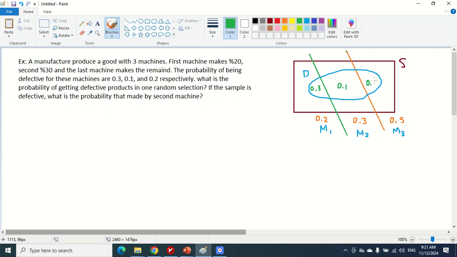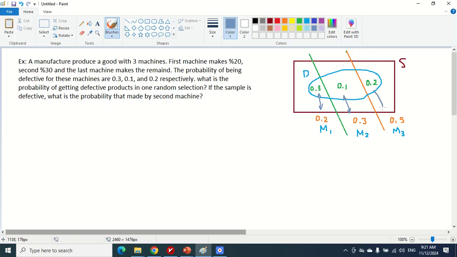If I want to know the probability that a randomly selected product is defective, then we should multiply the corresponding values together. This is the total probability.